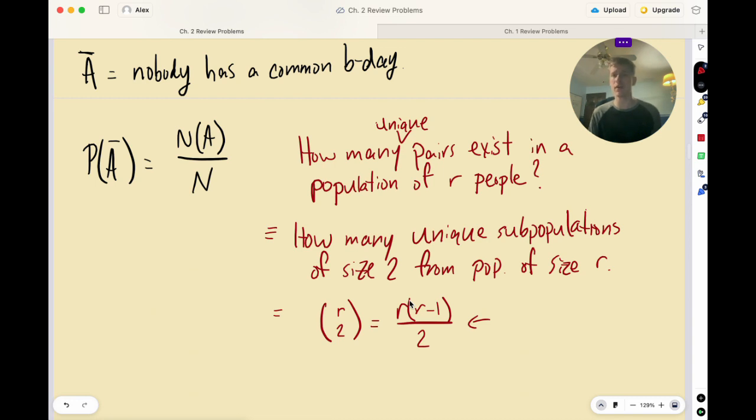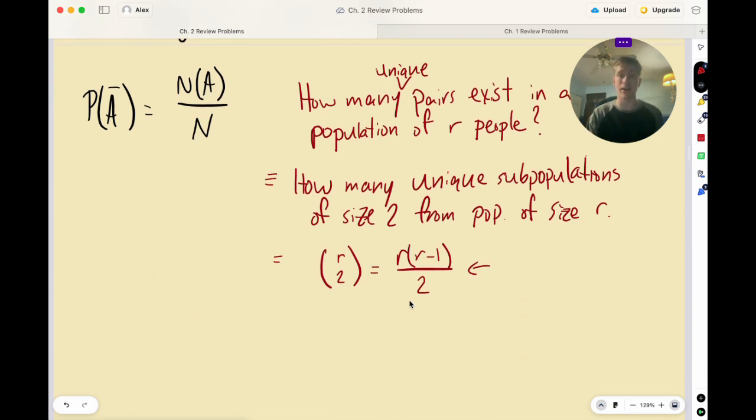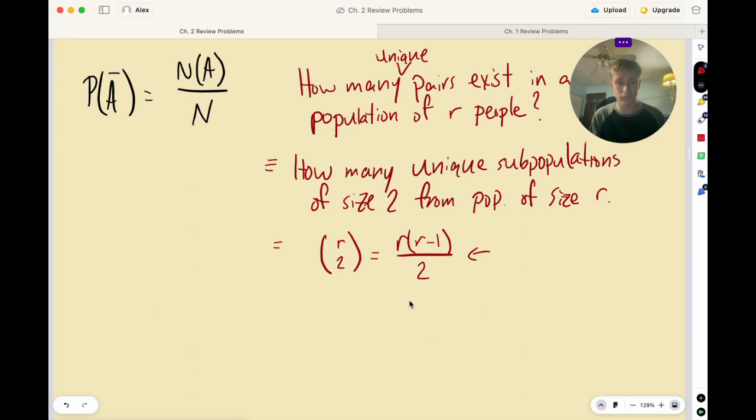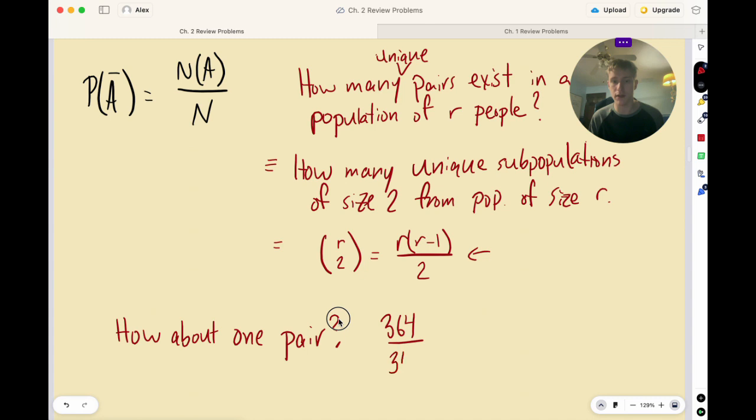So what is the probability that just one pair does not have a common birthday? So how about just one pair? Well, the probability that just 2 people don't share a common birthday, that's going to be 364 divided by 365.